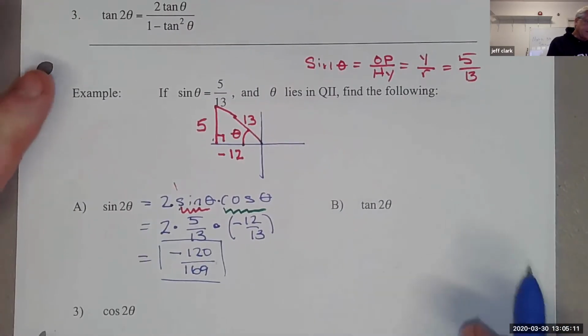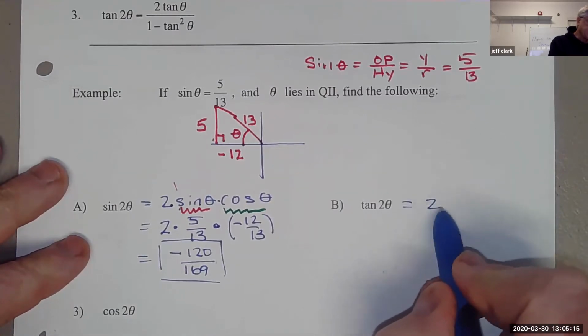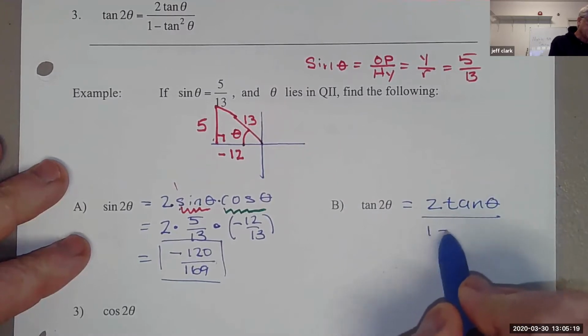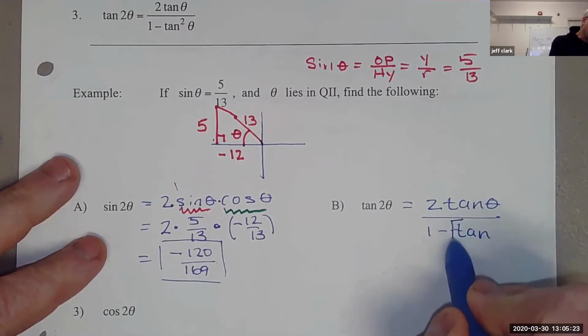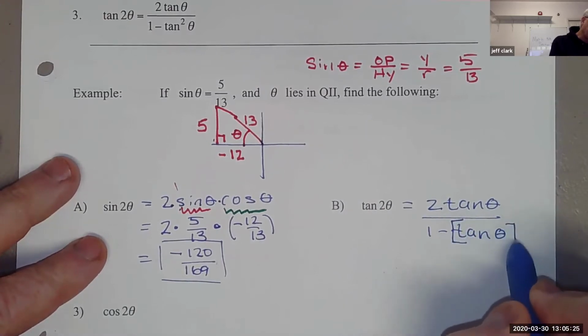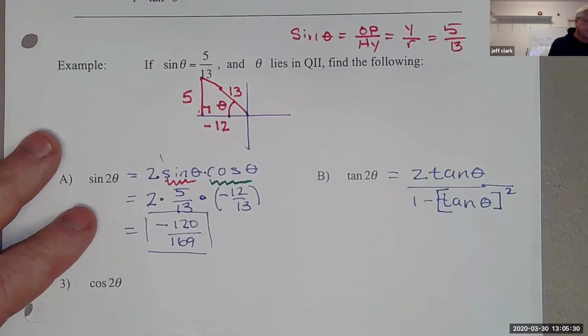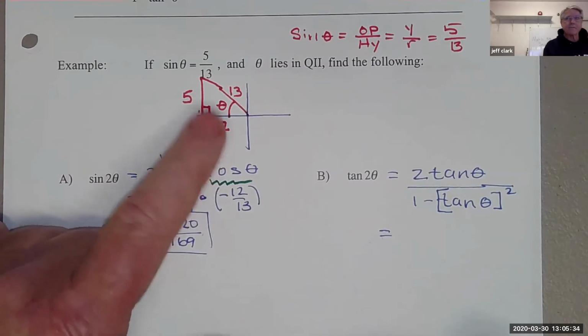The next one, we need to use the formula for tan 2 theta. That would be 2 tan theta over 1 subtract tan squared theta. Remember, tan squared theta is the same thing as tan theta squared. We talked about that prior to spring break. We go back to the triangle that I set up.